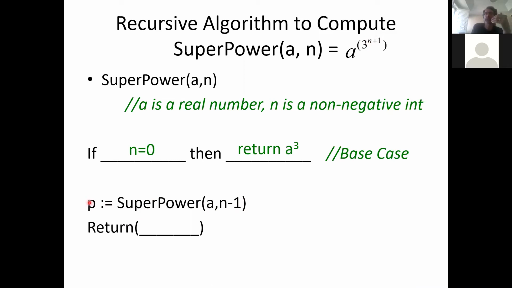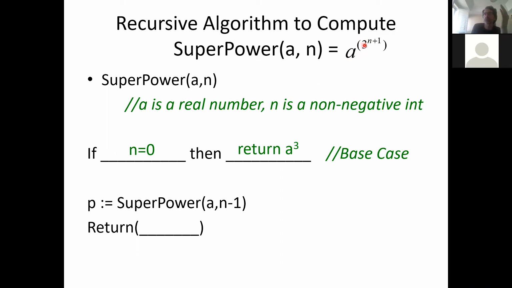If you knew that, how would you compute this value? Just do it on a piece of paper and see how you would compute this value as a function of a to the 3 to the n.